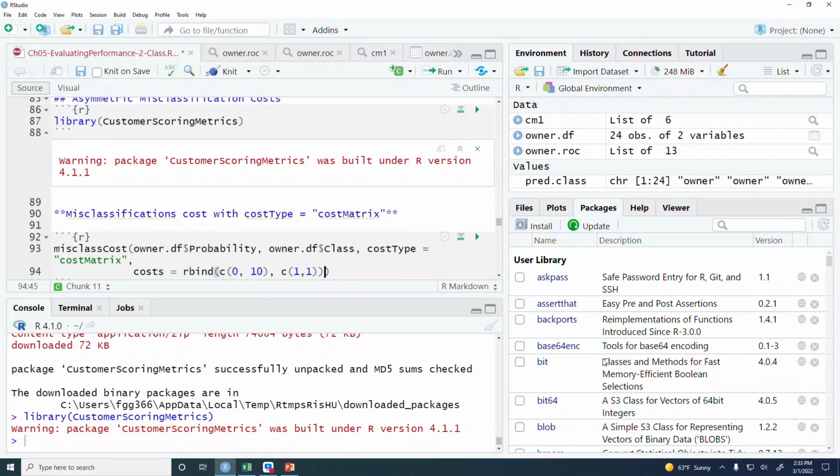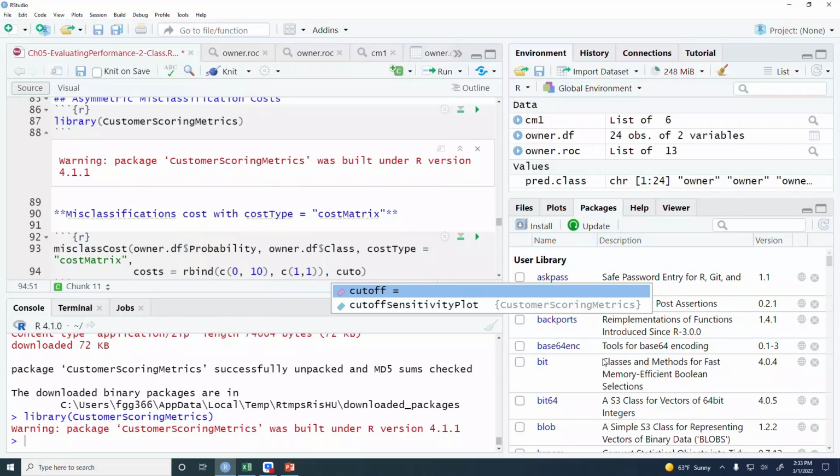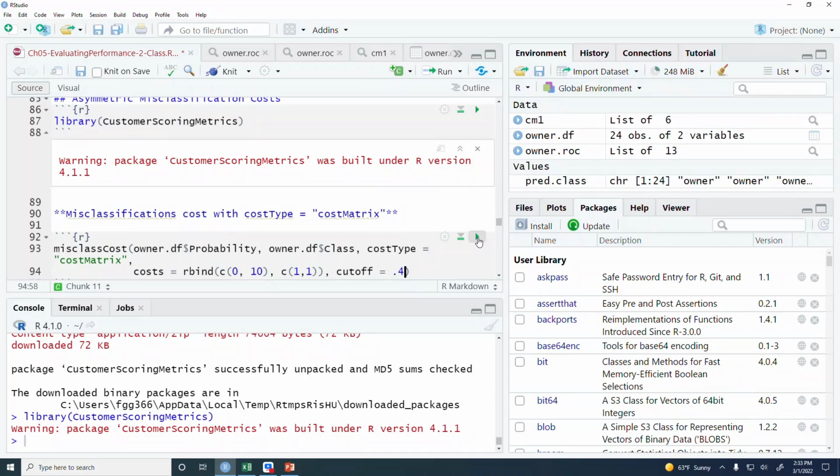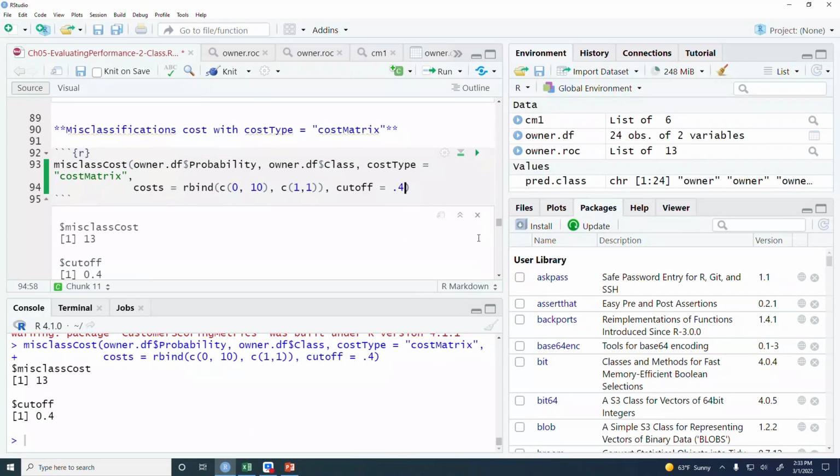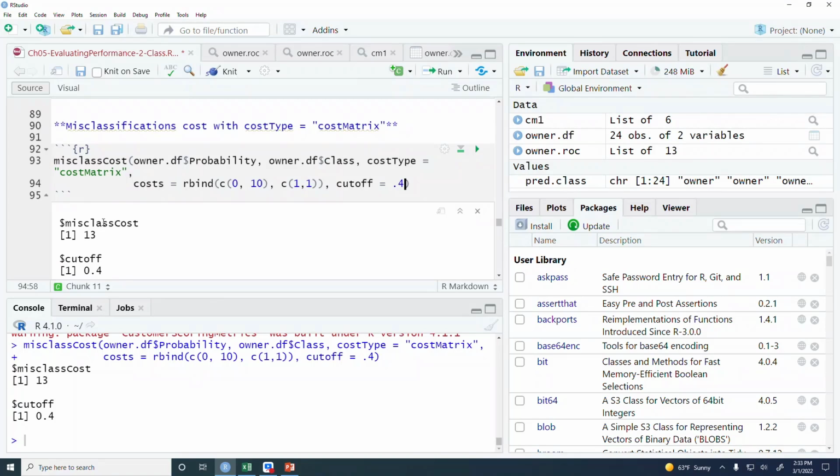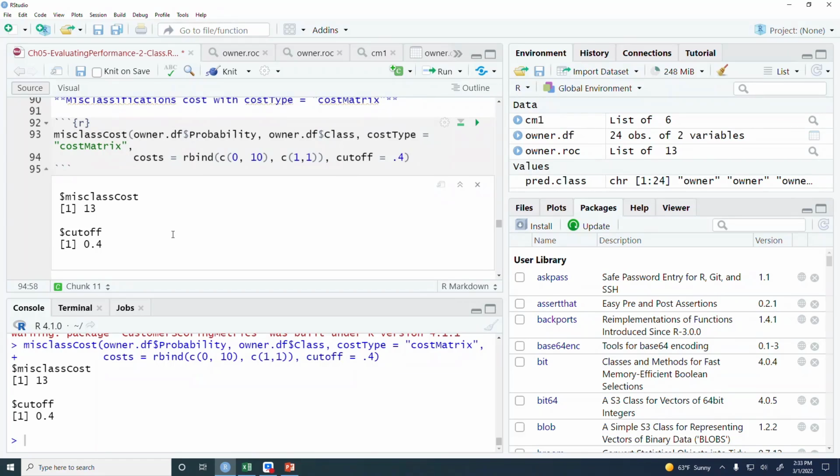You can use 0.5 as cutoff point, or you can use something else, say cutoff equal to 0.4. So it gives you the misclassification cost for the cutoff point of 0.4. You can capture this again, save it into a list, and then access the cost the same way as before.